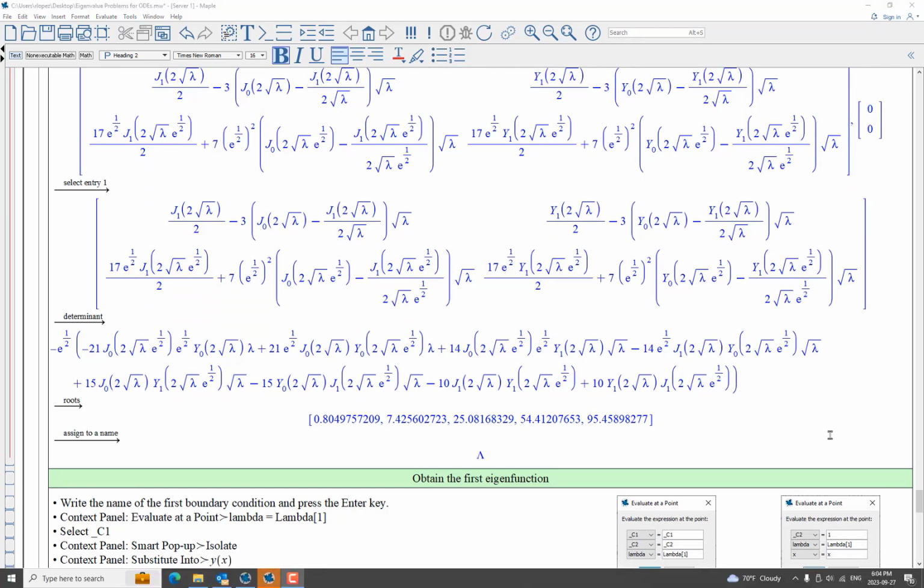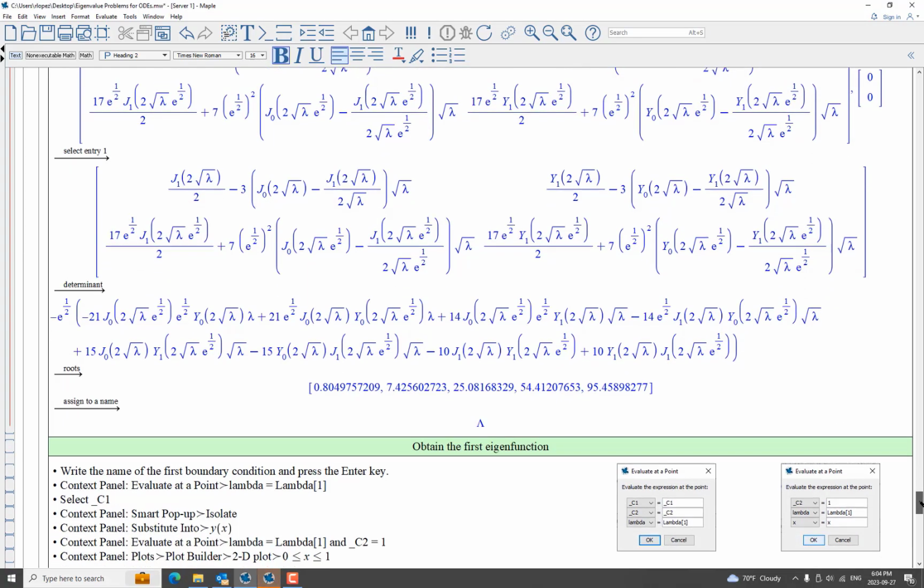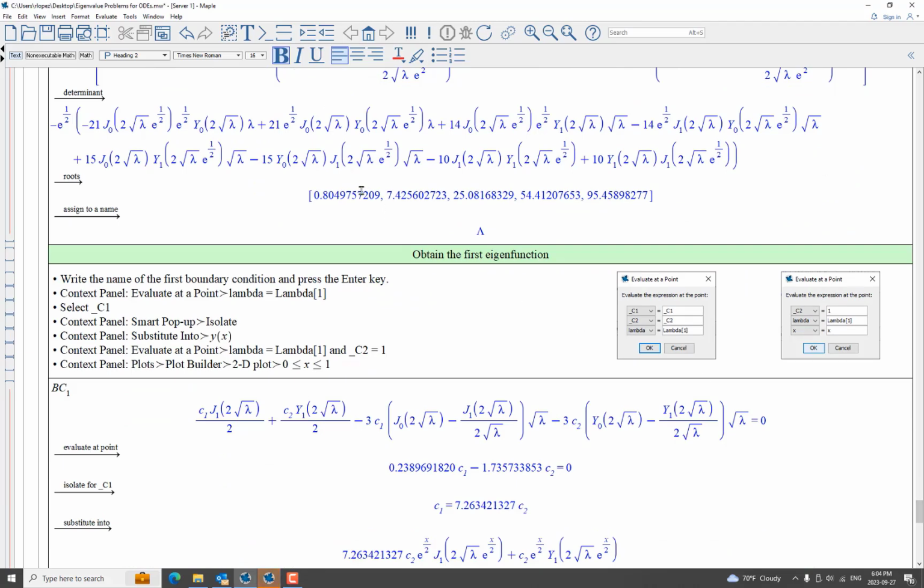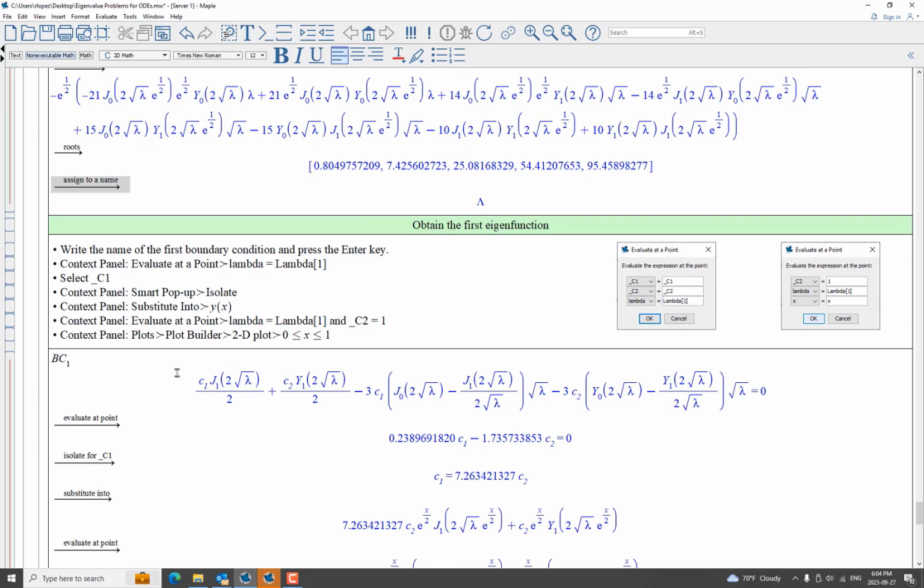So let's find at least the first eigenfunction corresponding to this first eigenvalue. So how do we do that? Well, here's what we did before. We took one boundary condition. I took the first one. This is what it looks like. Evaluate at a point lambda equals lambda 1.